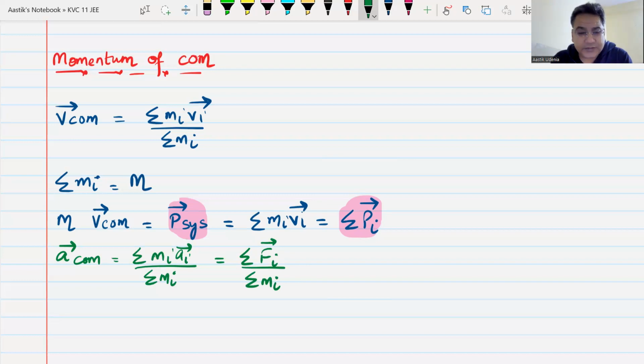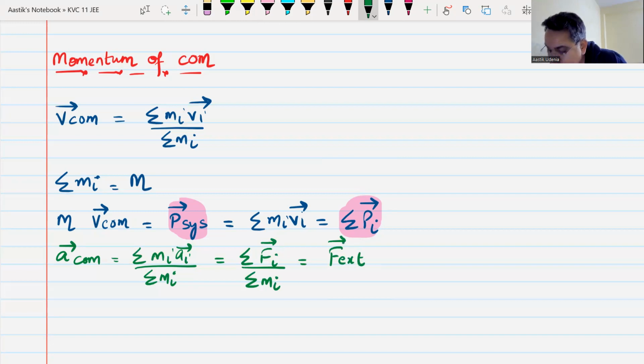Now this force acting on individual particles can be due to an external source. It can be because of interaction between two particles. When there is an interaction between two particles, the two forces will be equal and opposite, and these two forces will cancel each other out. Yes or no? Therefore, the summation of Fi will simply become the net external force.